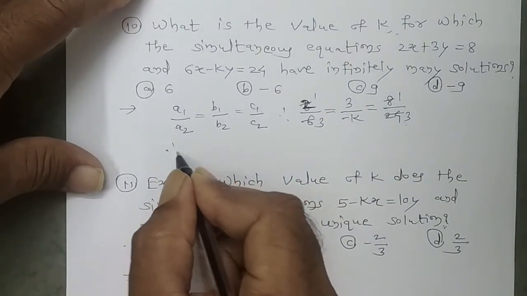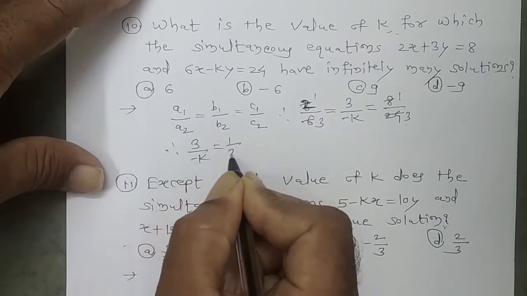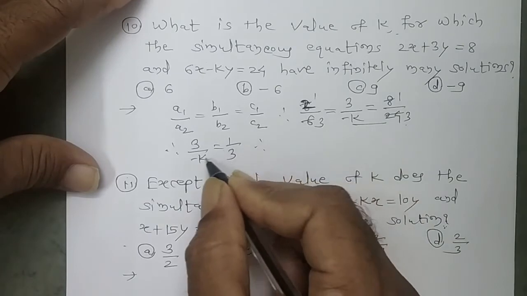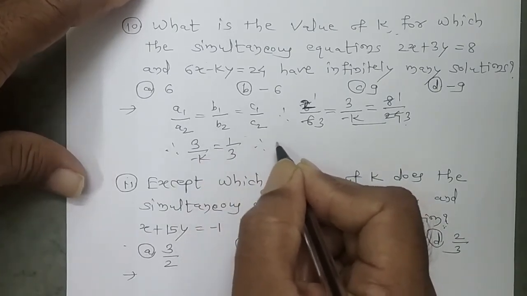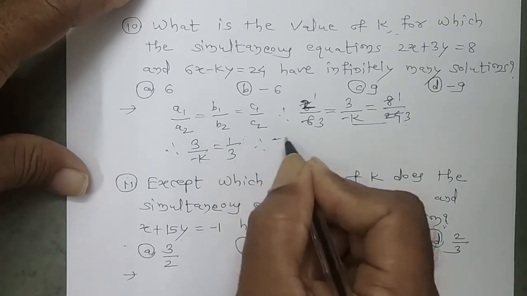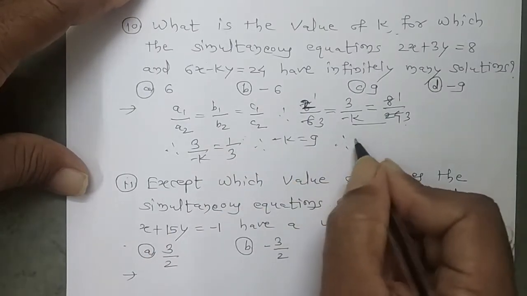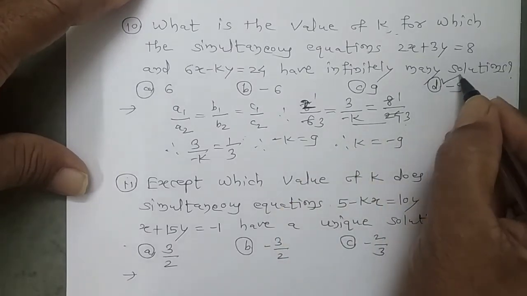Therefore from this we write 3 upon minus k is equal to 1 upon 3. Therefore minus k is equal to 3 into 3, 9, cross multiplication. Therefore k is equal to minus 9. This is the answer.